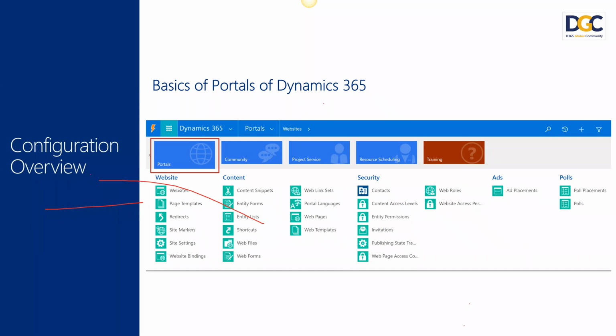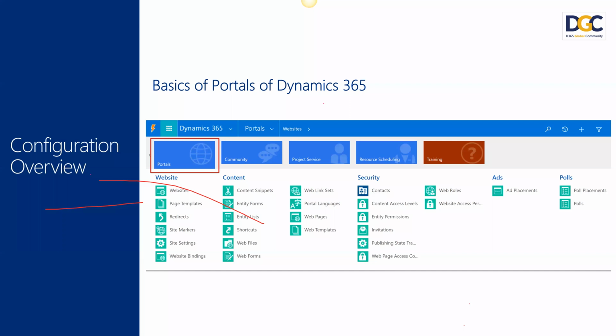Then there is another important one, which is website access permissions. A website access permission is basically a permission set, with multiple privileges. That's why I call it a permission set. It is associated with a particular web role, and it permits front-side editing for various content-managed elements within the portal, other than just web pages.